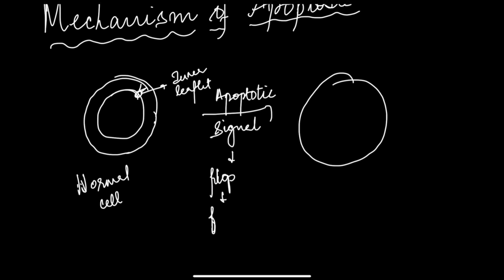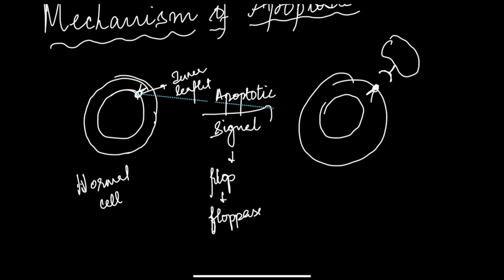You might know about flippase and floppase, right? So the phosphatidylserine moves to the outer surface, and hence this acts as a ligand to the receptor present on the macrophage, and thus the macrophage engulfs the apoptotic cell. This phosphatidylserine binds to the receptor on the macrophage.